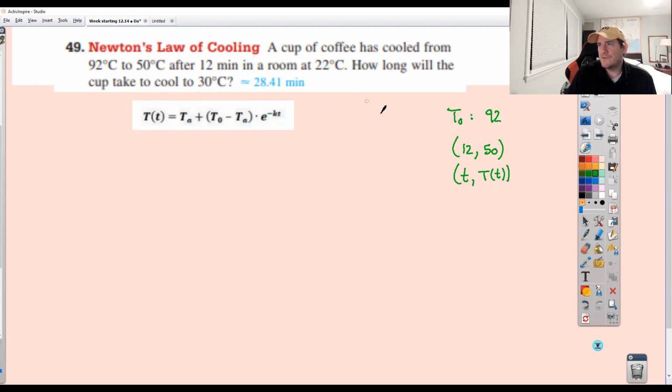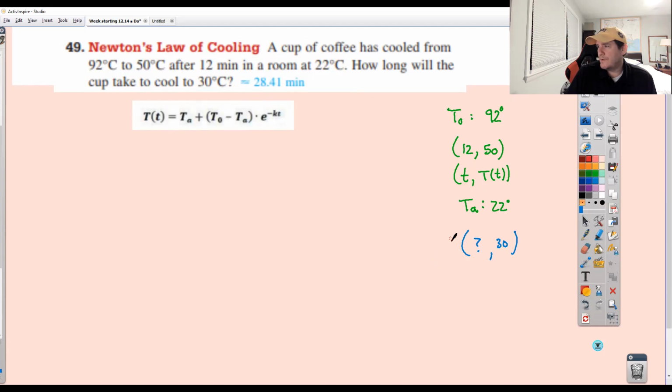It says in a room that's 22 degrees Celsius. That's the temperature surrounding the thing, so that's the ambient temperature, or the temperature of the medium, 22 degrees. So how long will it take the cup to cool to 30 degrees? Well, that is an ordered pair where you know the temperature, but you don't know the time.